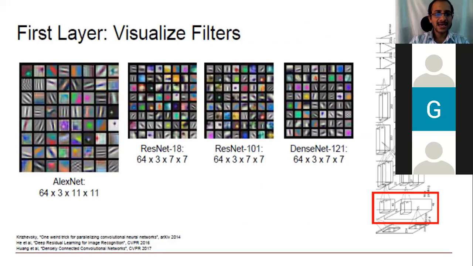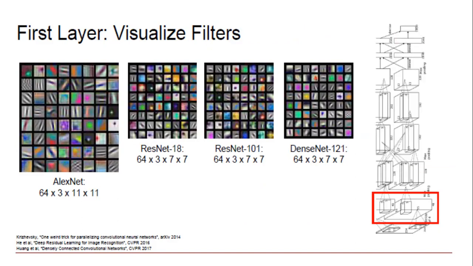These are the kernels plotted at the shallow layer, the first layer, in AlexNet. The kernels, the weight matrices, are 11 cross 11, going from the 3-channel original image to 64 maps in the next layer, so the dimension is 11 cross 11 into 3 into 64.